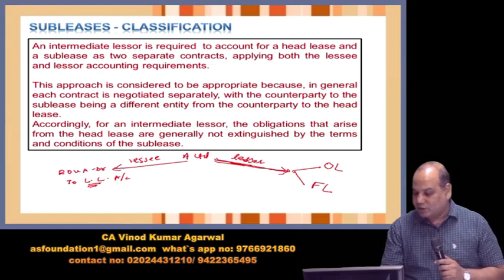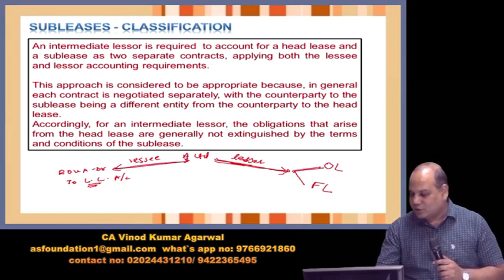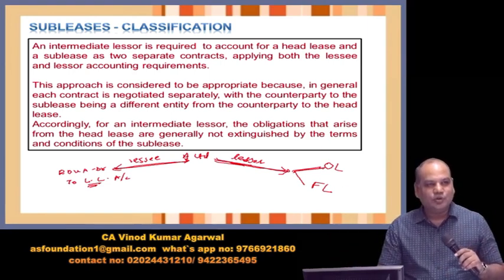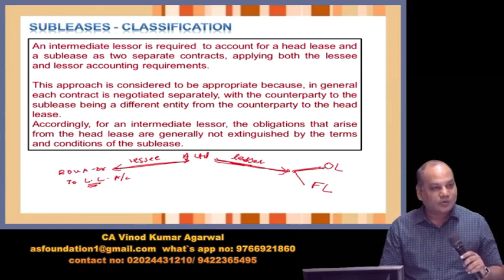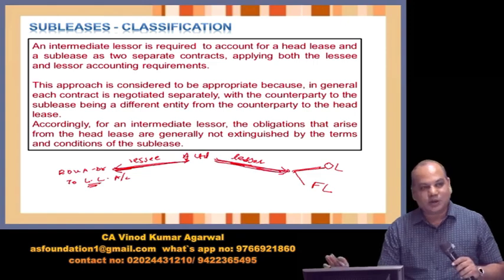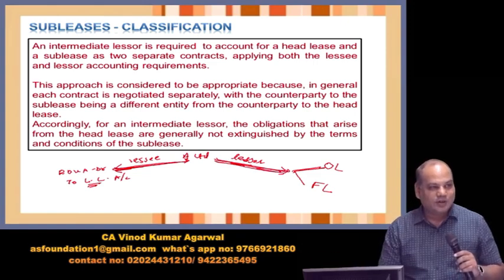So maybe I have taken this asset on lease for 20 years, but for 1 year it was empty, I was not requiring it, so I gave it to somebody else. Okay, you can use it and give me some amount. So that becomes an operating lease. I have taken this lease for 20 years and I again passed it to another party for 19 years. So then that will become a finance lease.